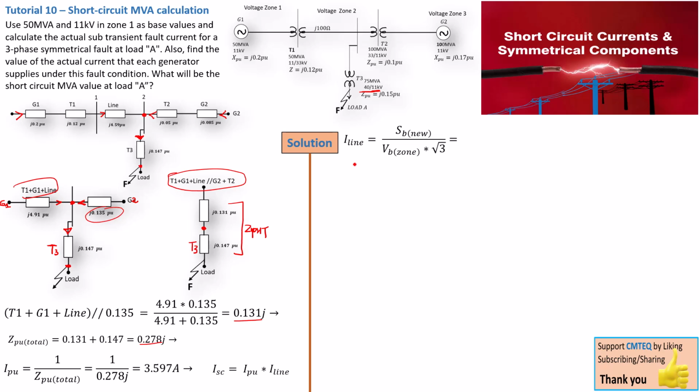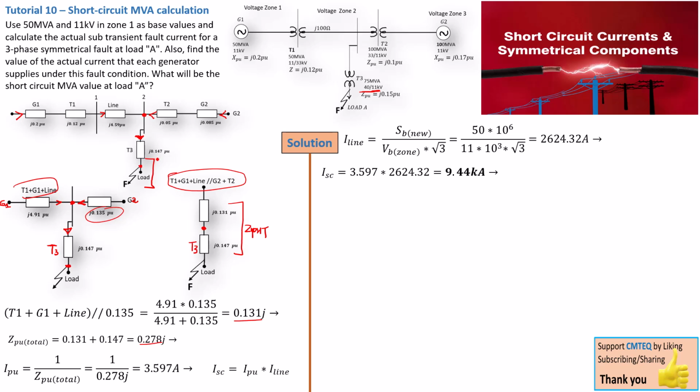You have to distinguish that so that you avoid mistakes. Having said that, we can deduce our I line is equal to S base over V base of this zone, which is the load zone. So that gives us 50 MVA over 11 kilovolt times the square root of 3, working on a three-phase system. That gives us a current of 2624.32 amps.